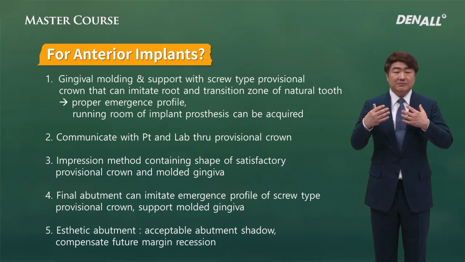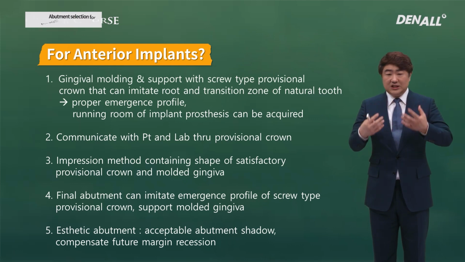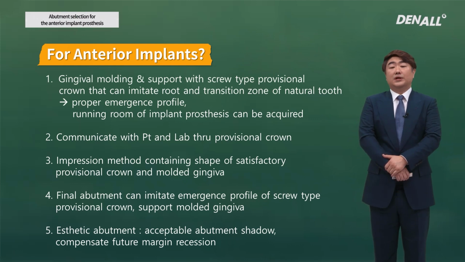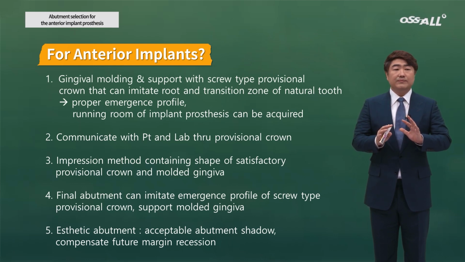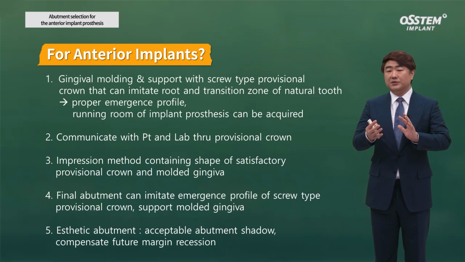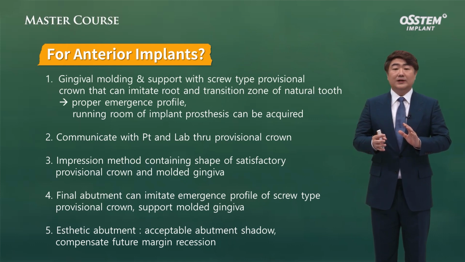The emergence profile with the provisional crown and running room are imitated or referenced to be used for the abutment selection or to design the abutment. And the material of the abutment needs to be aesthetic, so it should have acceptable abutment shadow and should be able to compensate for any potential future margin of recession.